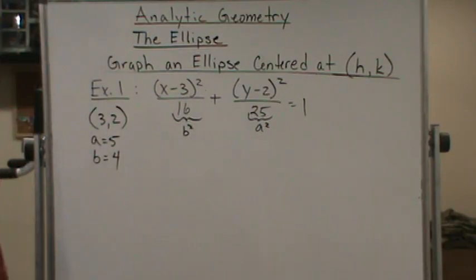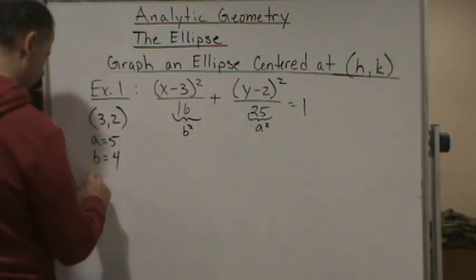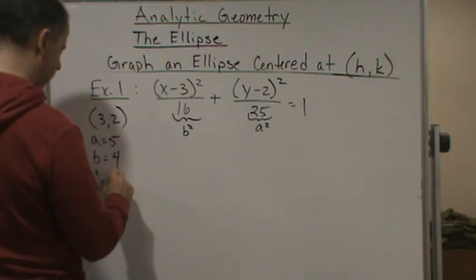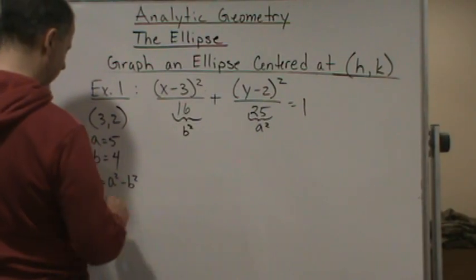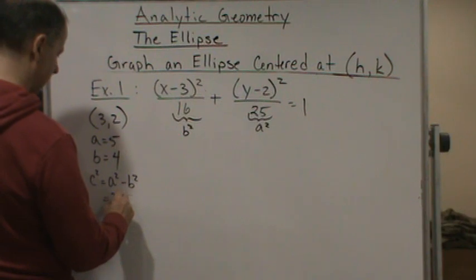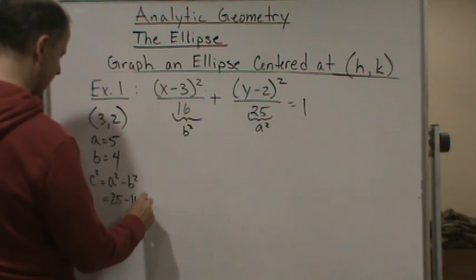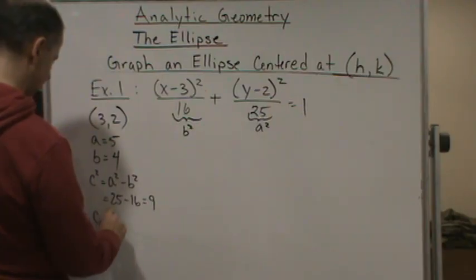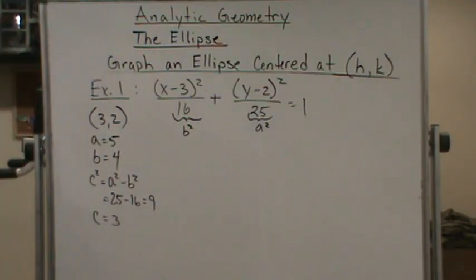Okay? And now c, again, c squared is equal to what? a squared minus b squared. And so it's going to be what? 25 minus 16, which equals 9, which tells us that c is equal to 3. Okay?